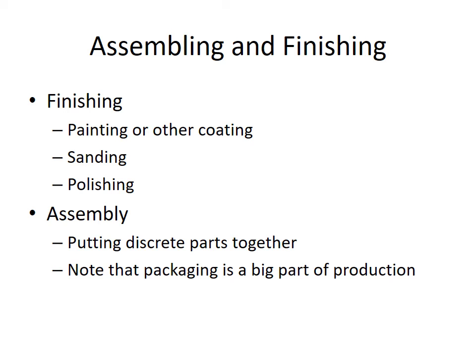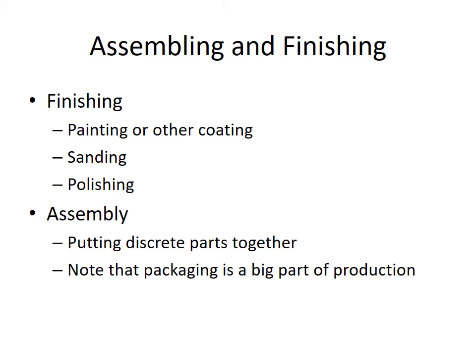A couple of terms that you need to make sure you understand, one being finishing and one being assembly. Finishing does not mean you're done with the product. What finishing in manufacturing means is applying a coating, doing something decorative at the end, sanding it, polishing it, etching it, those types of finishes on a piece of material, spraying a lacquer, staining it, whatever.